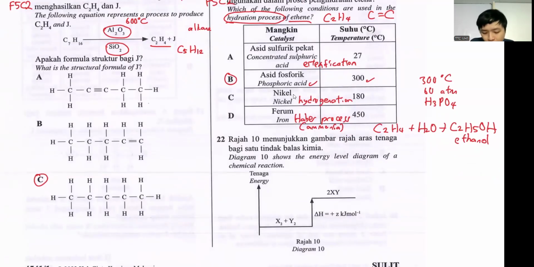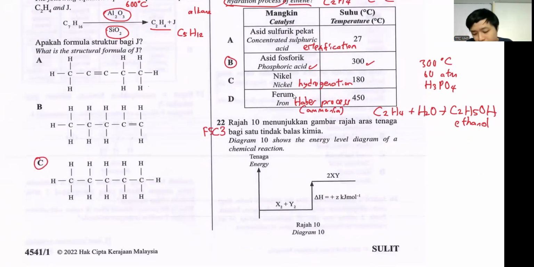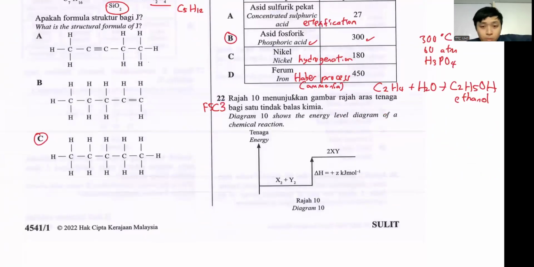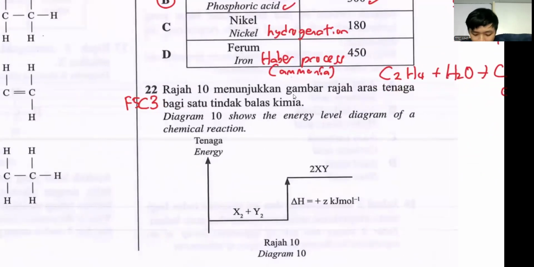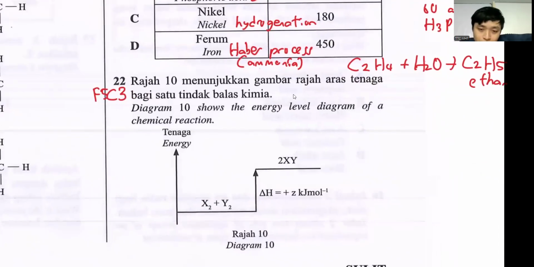Question 32 is from Form 5 Chapter 3. Diagram 10 shows the energy level diagram of a chemical equation. They tell you X2 plus Y2 become 2XY, and the delta H is positive Z kilojoule per mole. So you notice it's endothermic, very easy.